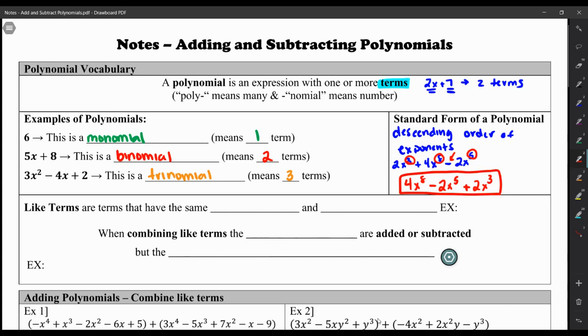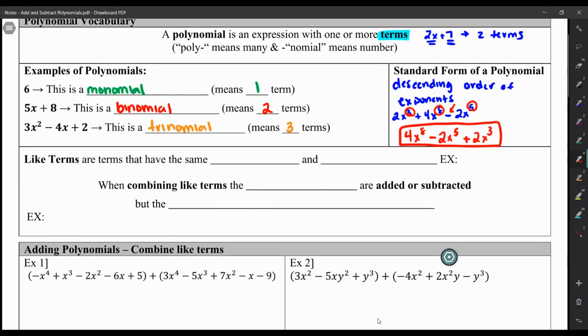Now, when we add and subtract polynomials, we have to think of like terms. So let's review. Like terms are terms that have the same variable and the same exponent. Both things have to be the same to be considered a like term.